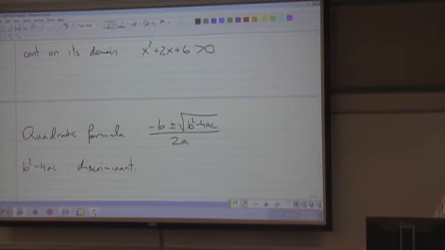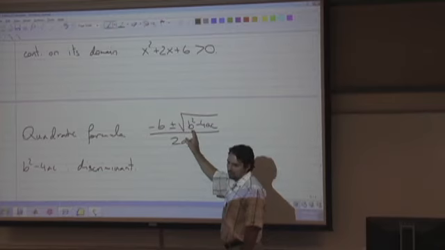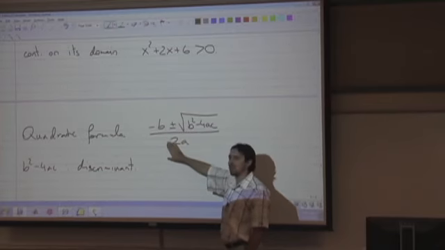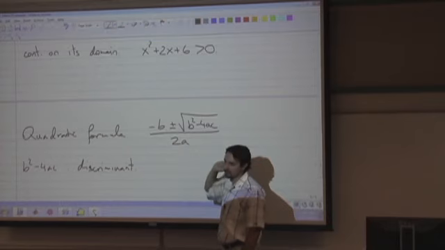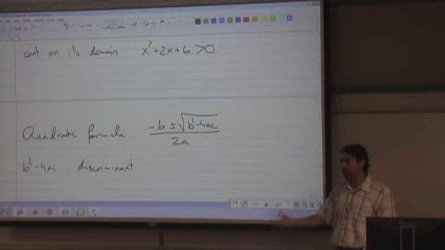What happens if the discriminant is less than 0? You can't have square root of negative numbers, and so as a consequence, your solutions are all complex, which means your graph is never going to cross the x-axis. Because it never crosses the x-axis, it's either always positive or always negative.